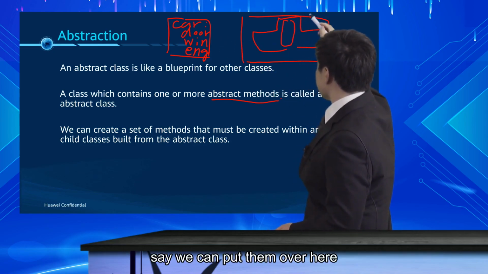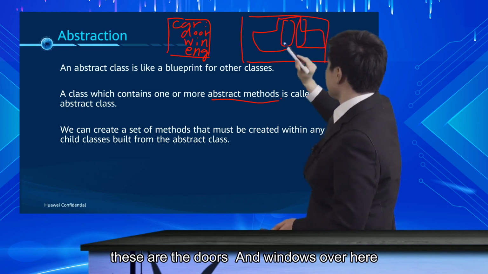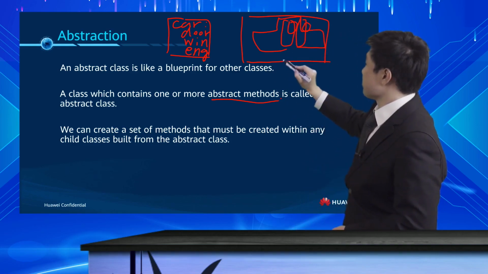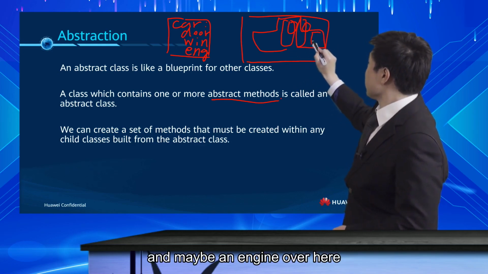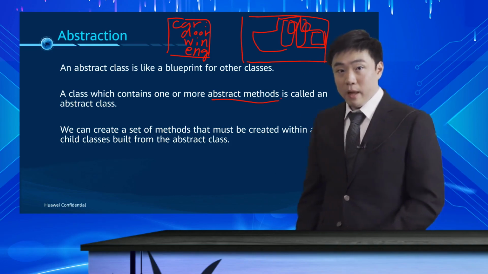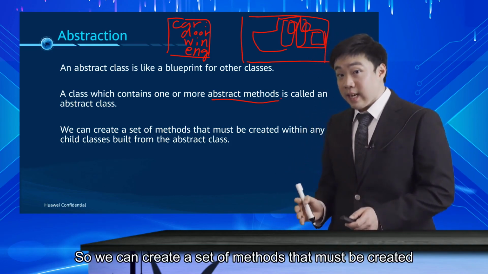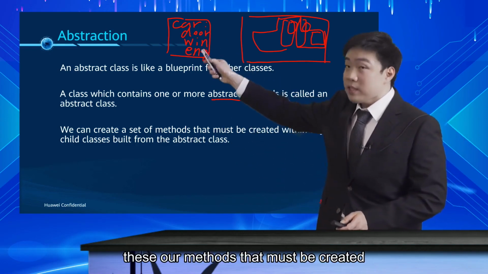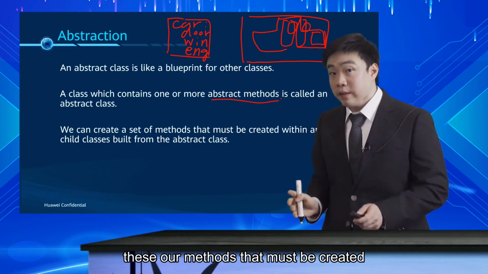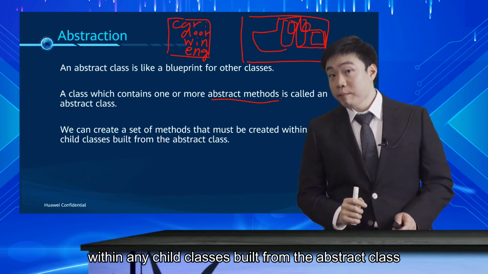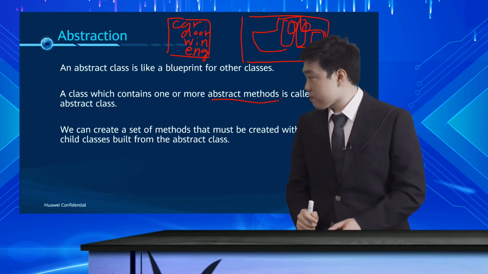Say we can put two doors over here, windows over here, and maybe the engine over here. So we can create a set of methods that must be created. These are methods that must be created within any child classes built from the abstract class.